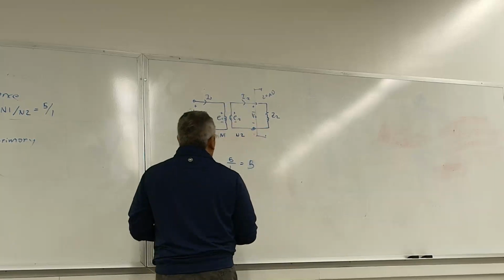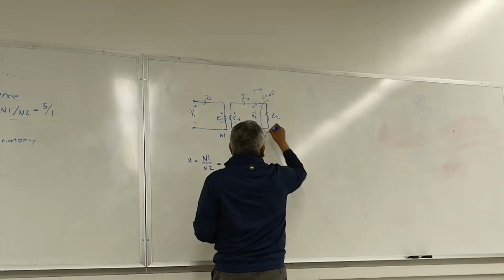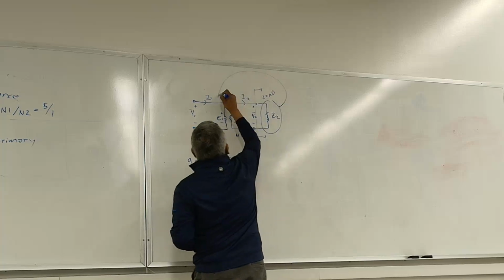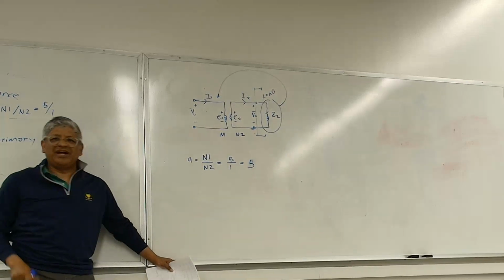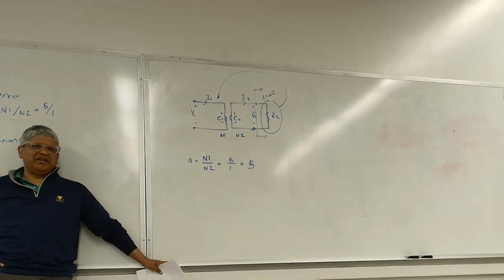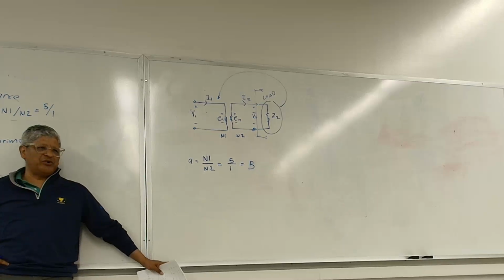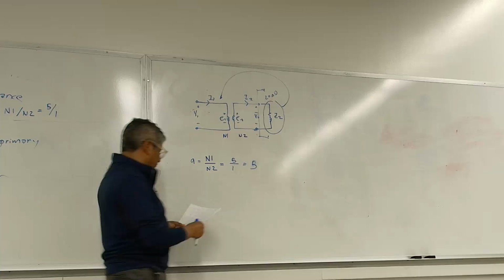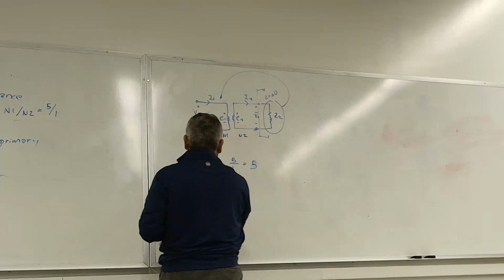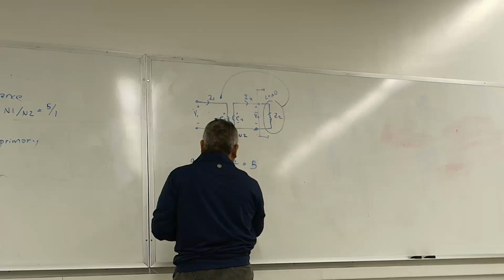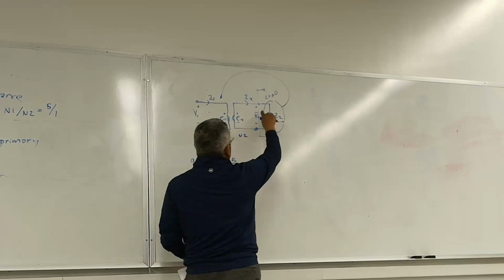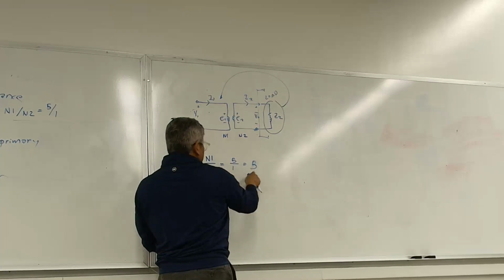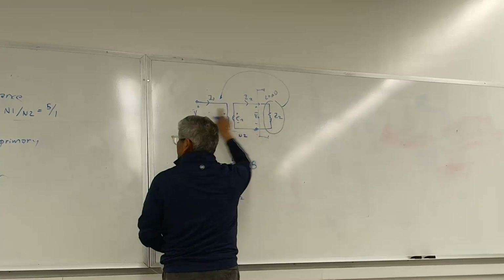So how do we then transfer this impedance to the primary side of the transformer and deal only with the primary side? Don't have to worry about any secondary. So we use the following formula. Z2 prime is equal to A squared times Z2, which is given to us.